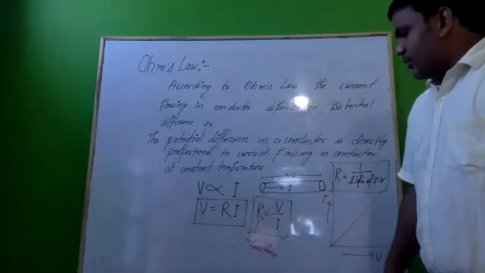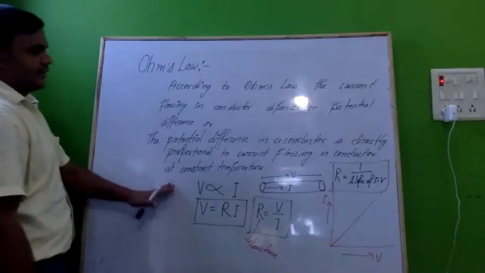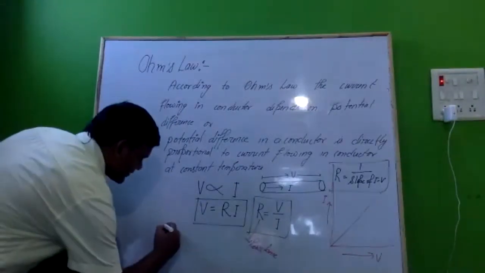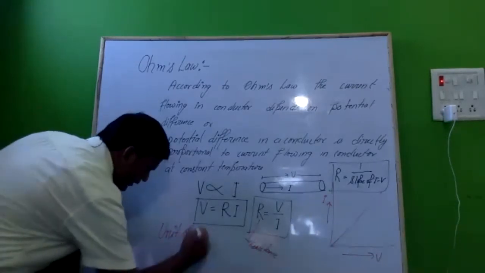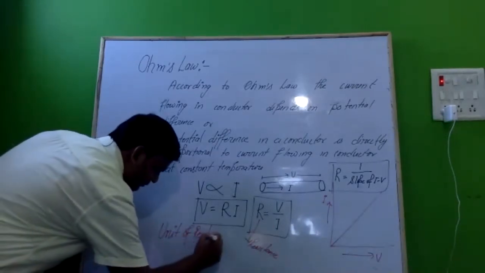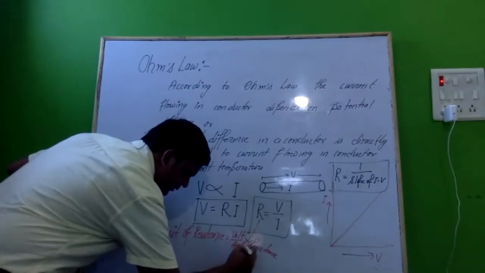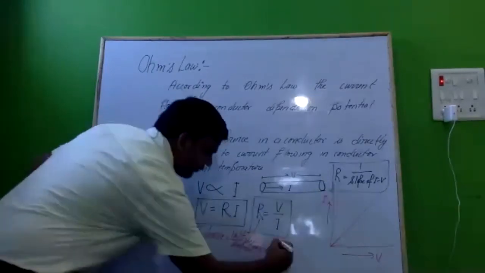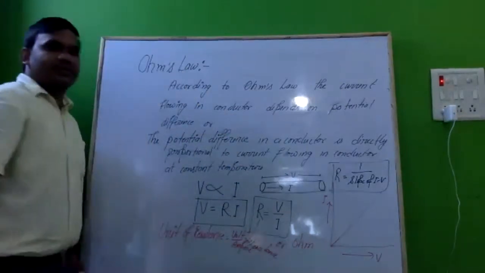One thing we should understand: what will be the unit of resistance? The unit of resistance is ohm, volt per ampere, or you can write ohm. Okay?